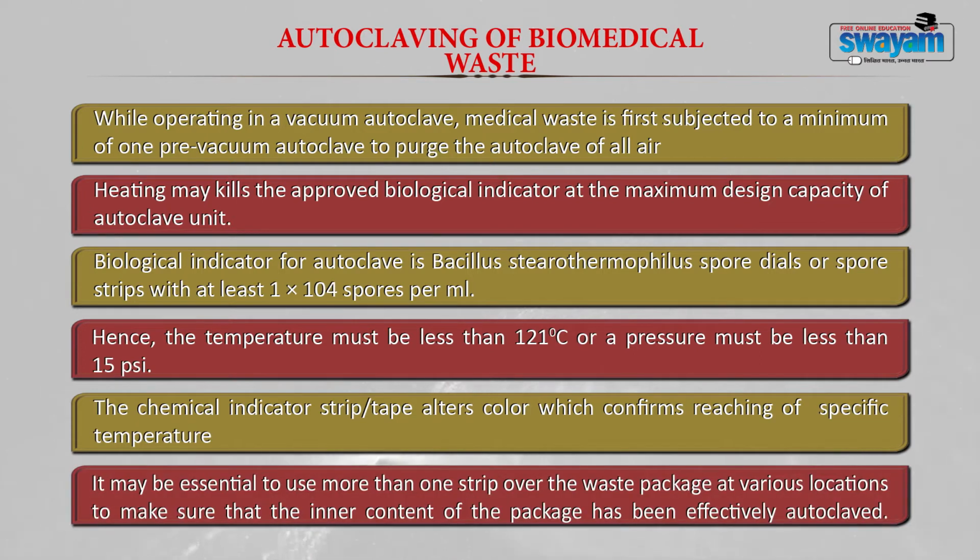It may be essential to use more than one strip over the waste package, because even if one strip fails, the other one will show a proper indication, and these should be stuck at various locations to ensure that the inner content of the package has been effectively autoclaved.